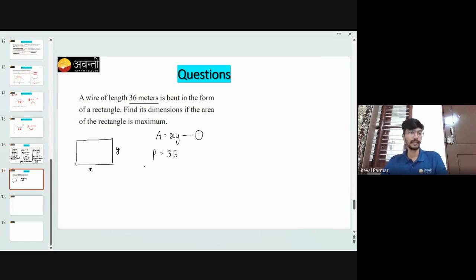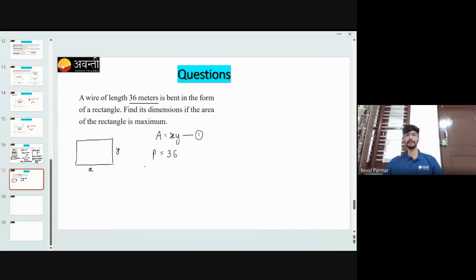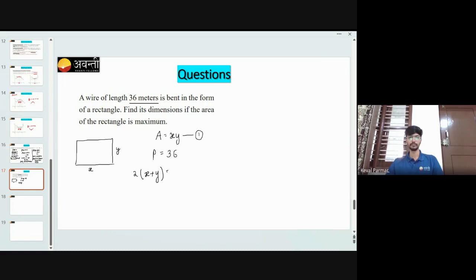Do you know the perimeter of a rectangle? Perimeter of a rectangle means the sum of all the sides, right? So the perimeter of the rectangle is 2 times (length plus breadth) equals 36. So from here I will get x plus y equals 18. That means y equals 18 minus x.